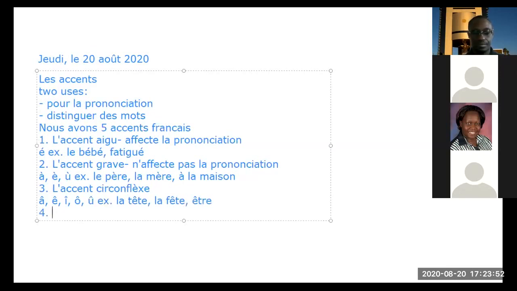Okay, the fourth accent is l'accent cédille.